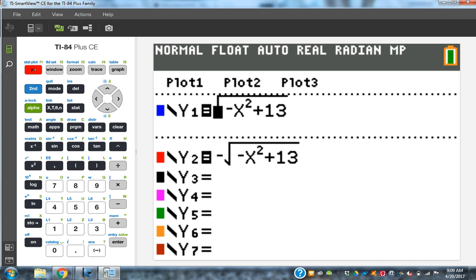I don't think you put the negative sign. That's what I'm saying. Yeah, put it on. Well, it should be on the inside and on the outside.